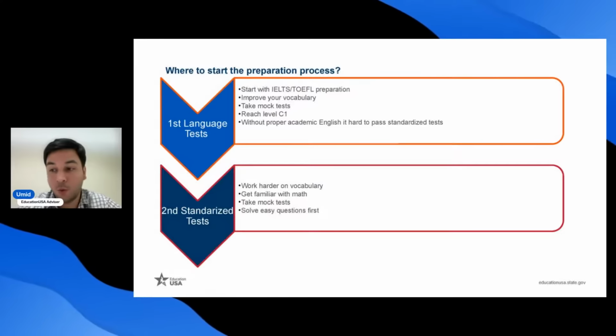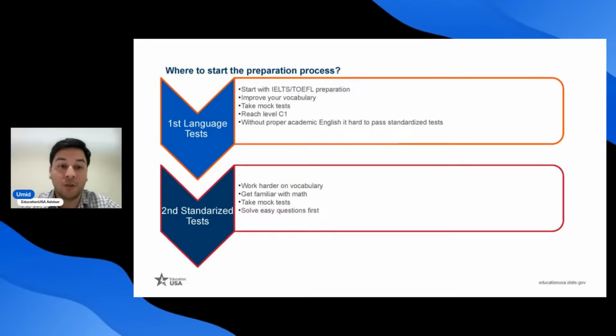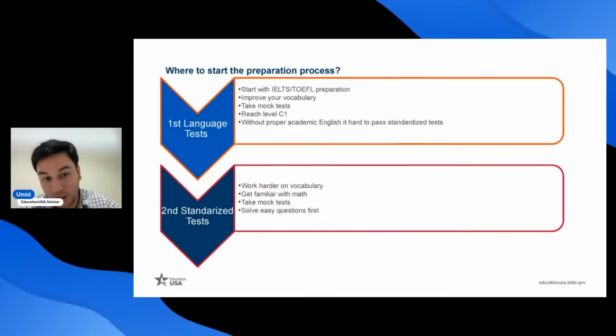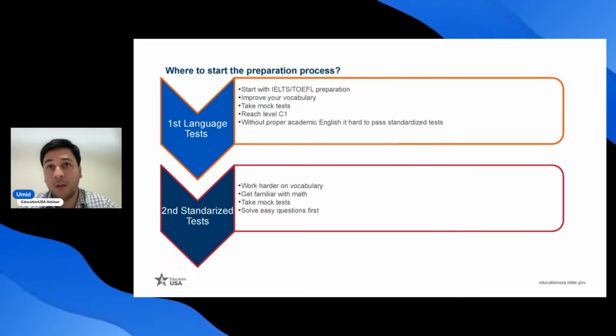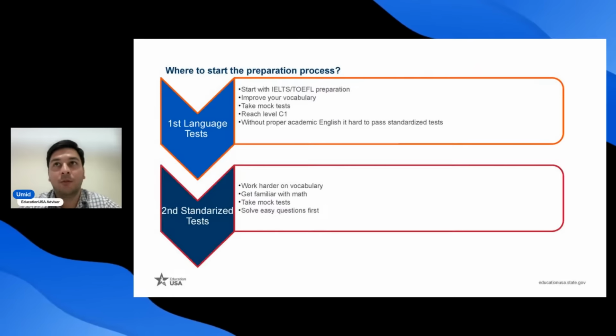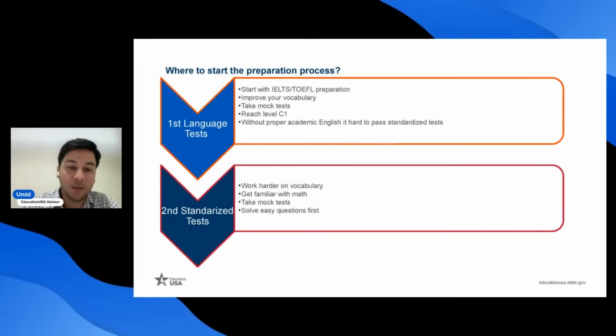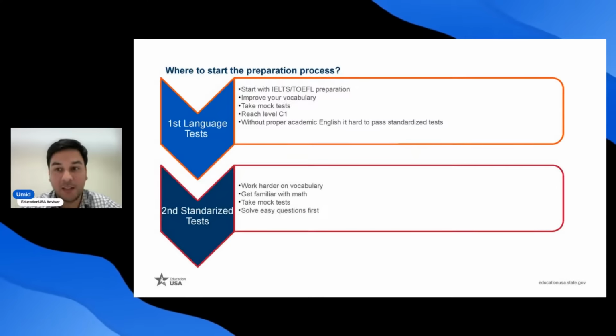If you don't know where to start your academic preparation, my suggestion is to start by learning for the language tests. After you've reached a certain level, let's say IELTS 7 or TOEFL 100, it's only half of the way, because the real challenge comes when you're facing the SAT and ACT.